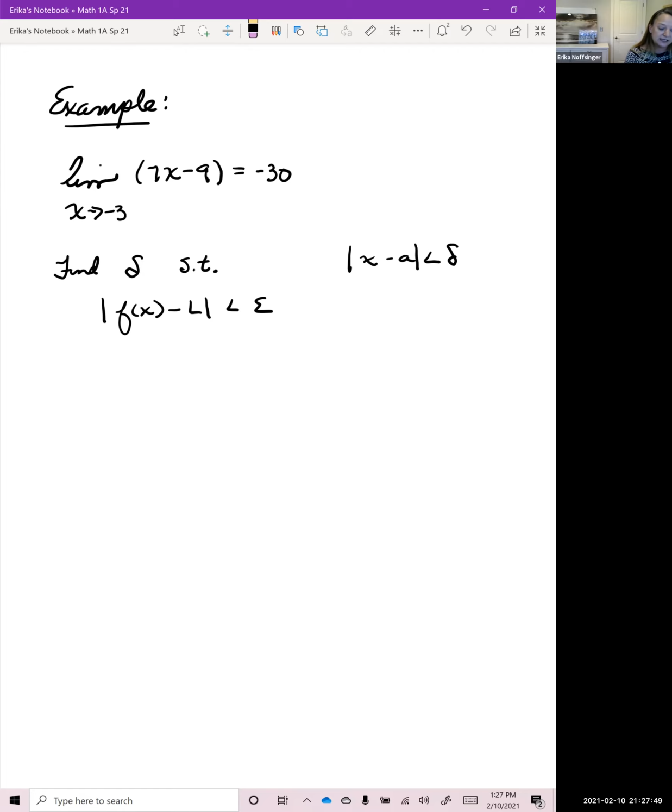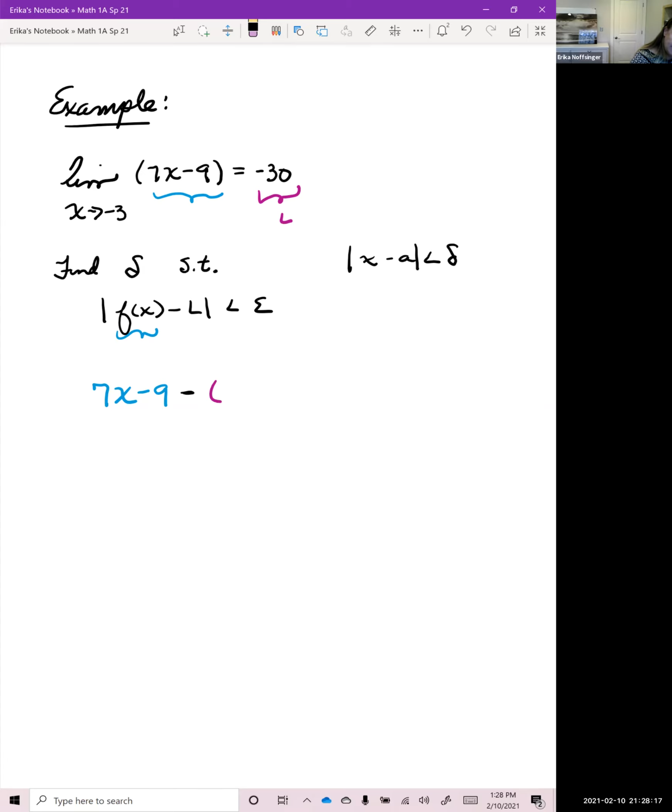So again, it's helpful to go through and pick out what you have. This is our f of x function, so we have this 7x minus 9 in here. Minus L, and our L value in this case was this -30.